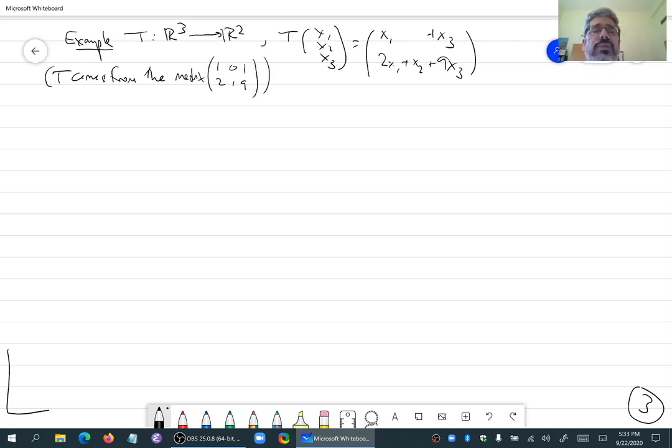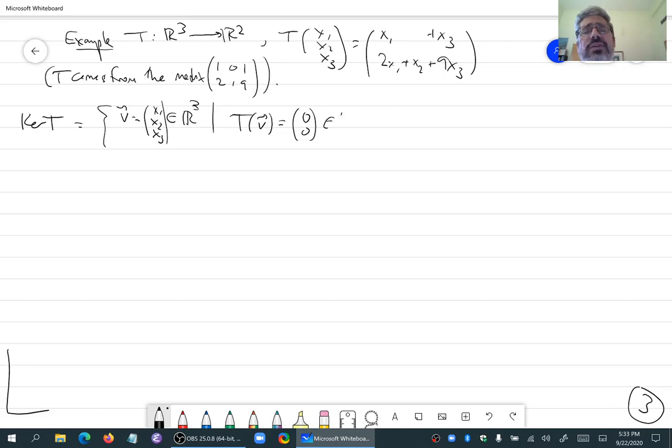Okay, but it doesn't really matter. Then the kernel of T is the vectors in R3, that's the domain. So they have the form x1, x2, x3, such that T of v is the zero vector in R2. Notice I was careful to make it that the input, the domain, is R3 and the codomain is R2. They are not the same vector space, so it's obvious when I write a vector which one it belongs to.